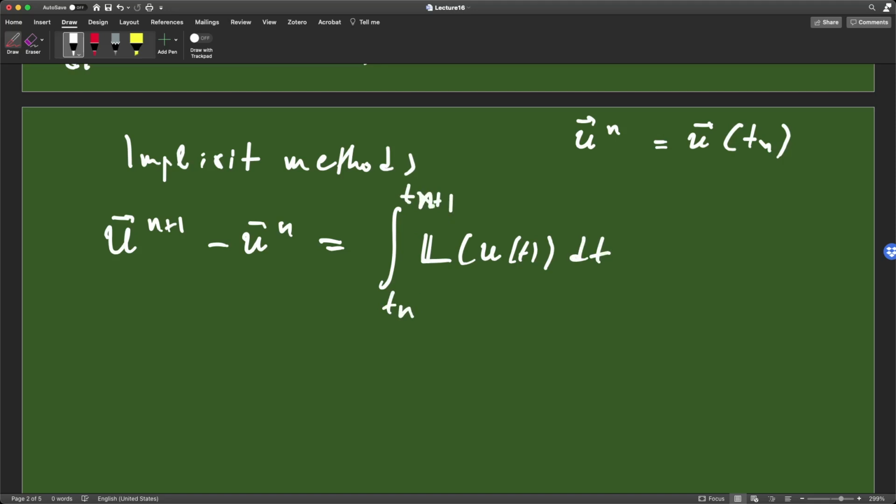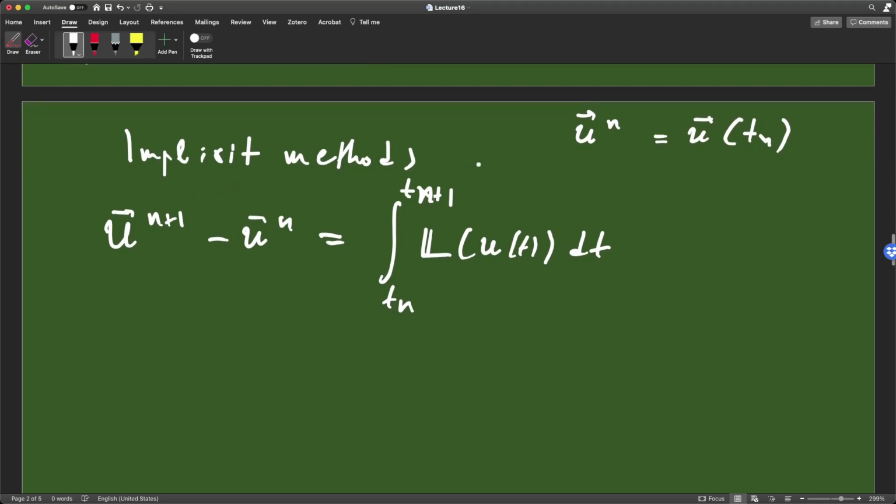And for simplicity, let's consider the case where L is a linear operator for now. Then L can be pulled out of the integral because it's a constant matrix that's independent of time.